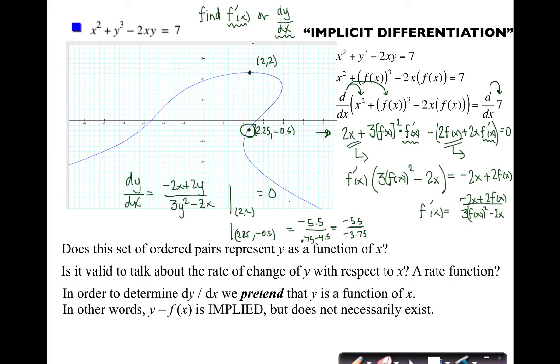So in any case, these derivatives have the same meaning in terms of graphs of functions or of non-functions where two variables are involved and one is not a function of the other. The derivatives still have the same meaning in terms of the graph of the relationship that does exist between them.